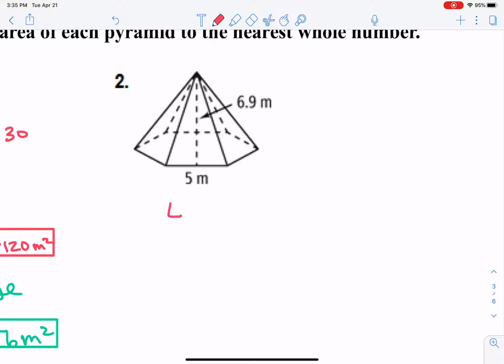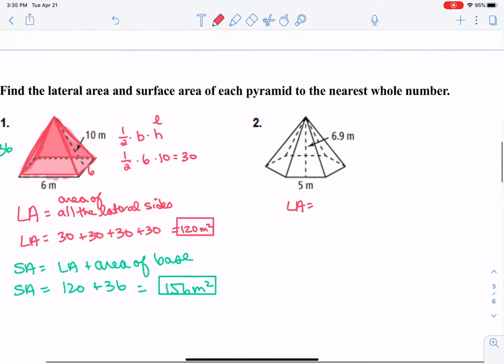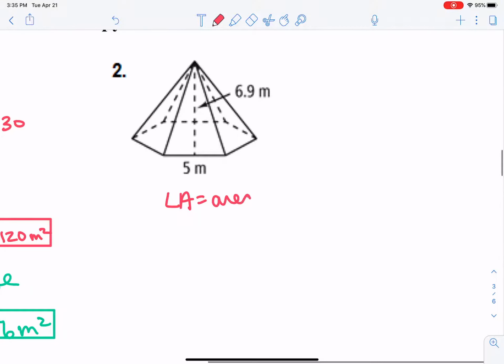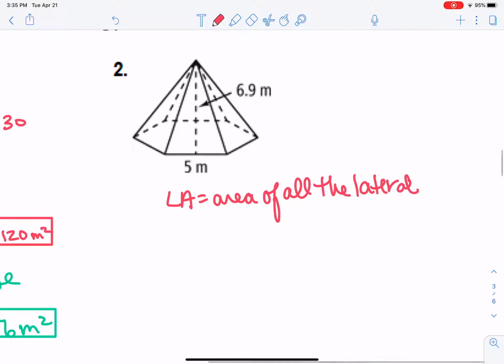But let's start with the lateral area, which is the area of all the lateral sides or faces, whatever you want to call them. Since they're all triangles, and I'm not going to shade every single one of them in, but they are going to all be the same.